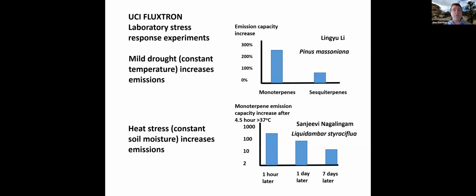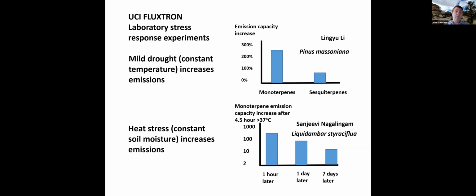And we can look further at these controlling processes with laboratory growth chamber experiments. And so we are doing these now in my lab at UC Irvine. We can do experiments where we hold temperature constant and vary the water. We can hold the water constant and vary the temperature.